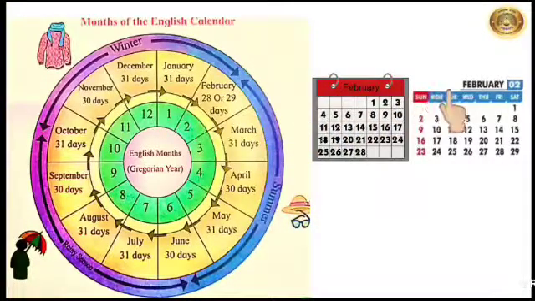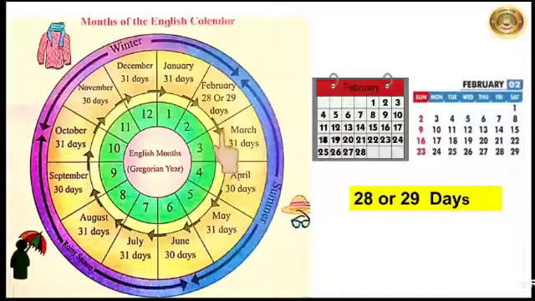February is the second month of the year that has 28 or 29 days. Because of that, it is a special month because it has 28 or 29 days.